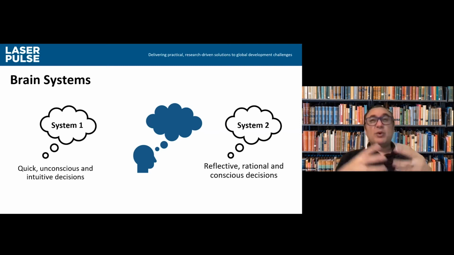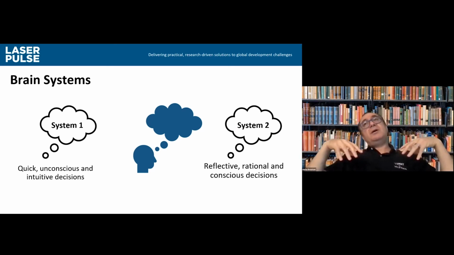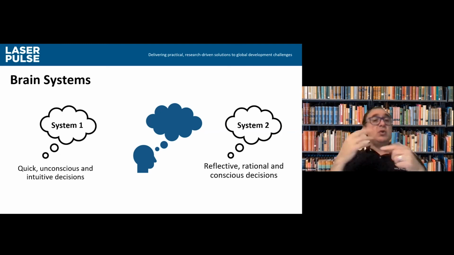On average, more than 23 hours a day, we make all our decisions as humans using system 1. Sometimes, maybe 20 to 60 minutes a day, we use system 2, the upper cortex process for making decisions. System 2 is very rational and reflective.